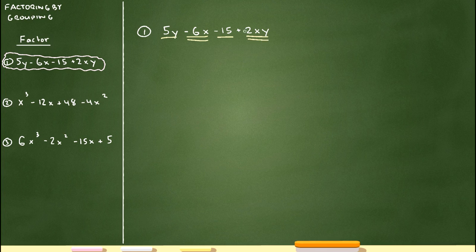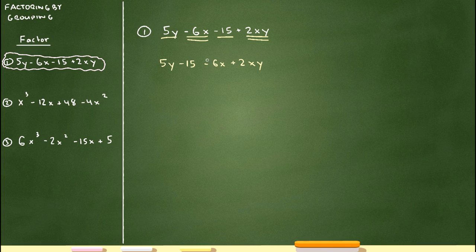Now, let me rewrite this statement so that my groups are in order. So I have 5y minus 15. This will be my first group, and then my second group will be this negative 6x and positive 2xy. So all I did was rewrite the statement in a different order so that my groupings are next to each other.